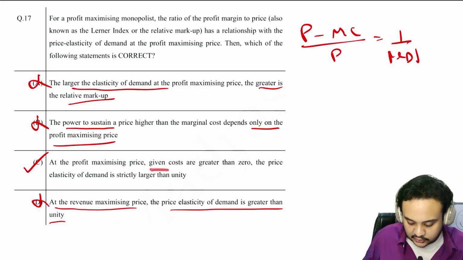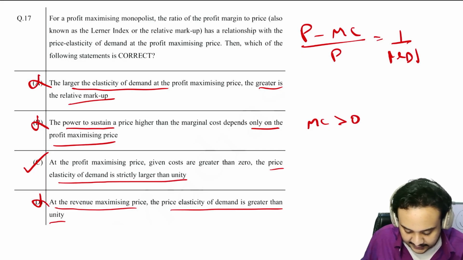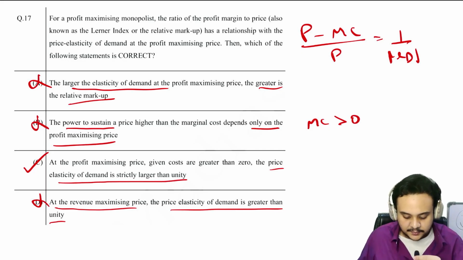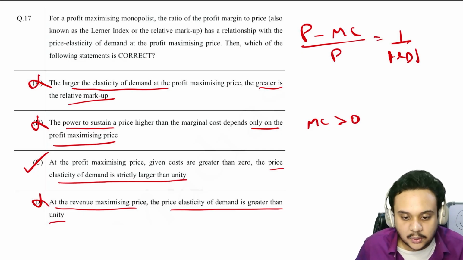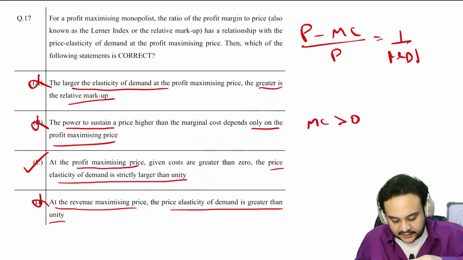So this is given that MC is greater than 0. Then the price elasticity of demand is strictly larger than unity. Is that true? Yes, that is absolutely true, because first of all, we are talking about the profit maximizing price.